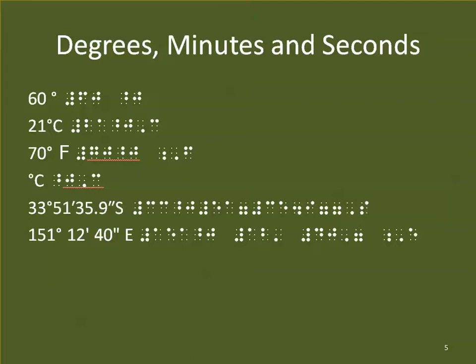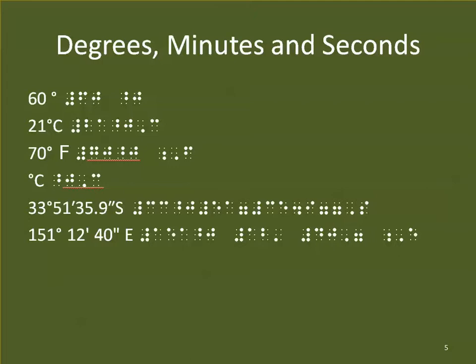Be aware of when you need your numeric mode indicators. Remember, anytime you have a number, you're going to need it because in this symbol sequence, the numeric mode is terminated often by the degrees symbols and minutes and seconds symbols. We do not need a grade 1 indicator in front of the final S because it has the second symbol on one side and a space on the other.